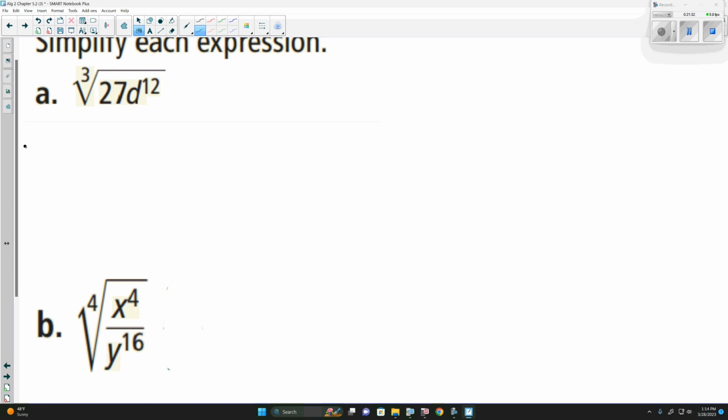So looking back at this here, do we like the fractional exponents or do we like taking the groups out or seeing both? So we can do that both ways, especially if that doesn't make sense. So when we look at this here, I'll do the groups out first. So the first thing we're looking at is the cubed root of 27.